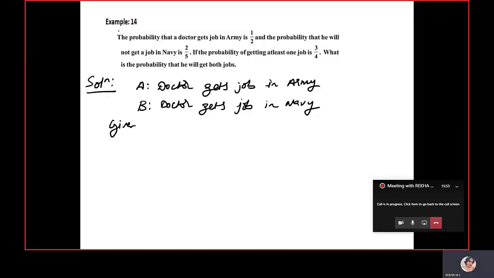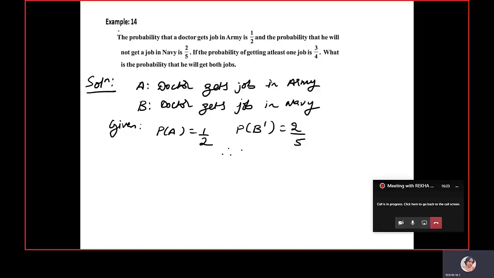So given, the probability that a doctor gets job in army is 1 by 2. So P of A is equal to 1 by 2, and he will not get a job in navy is 2 by 5. So P of B complement, I'll take it as 2 by 5.